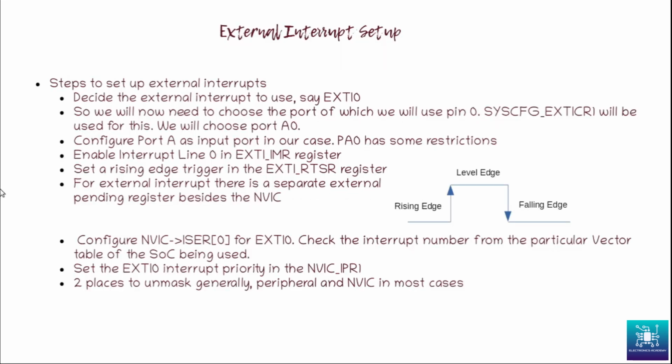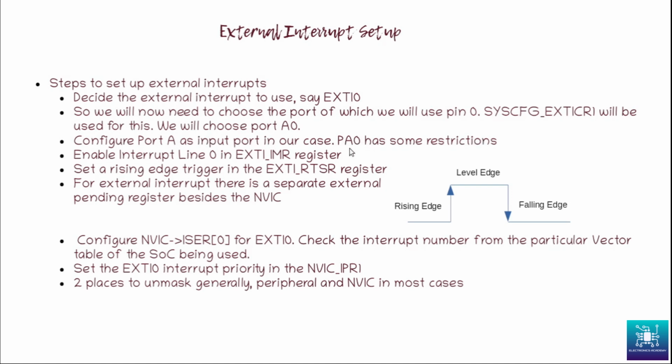Now once that is set up, we have to configure port A as an input port. So this is purely IO configuration, and we have discussed IO configuration in another section. But since the interrupt goes in through a port, of course the port has to be enabled. The clocking to that particular port has to be enabled, and port A0 actually has some restrictions.